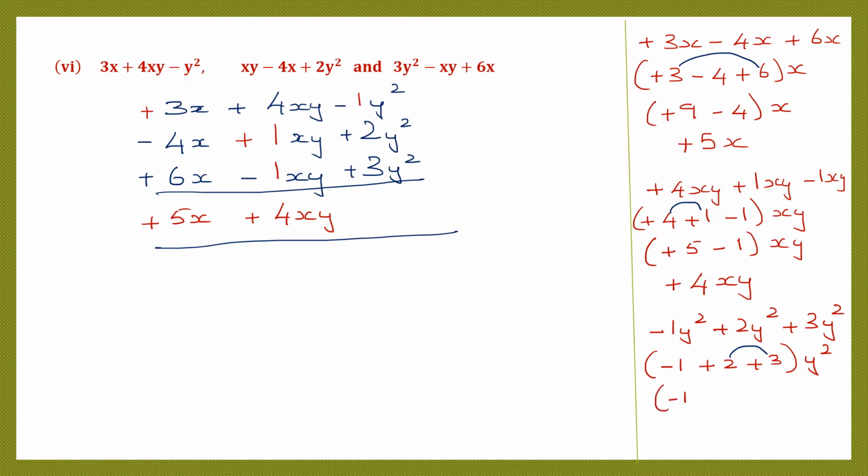When signs are the same, put the same sign and add. 2 plus 3 is 5y square. Here signs are different. So put the sign of the bigger number and subtract. 5 minus 1 is 4y square. So plus 4y square. So what's the answer? Plus 5x plus 4xy plus 4y square.